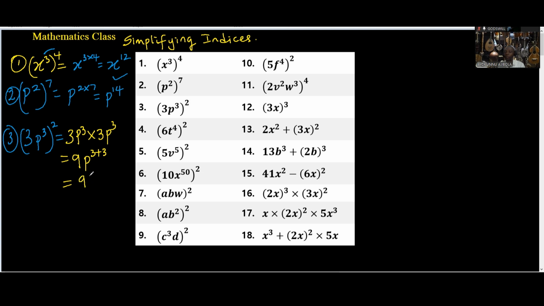Then this is 9p raised to power 6. Or you can follow another method by saying 3 squared, 9. Then the p, 2 and 3 multiplied, that is p raised to power 6. Okay?